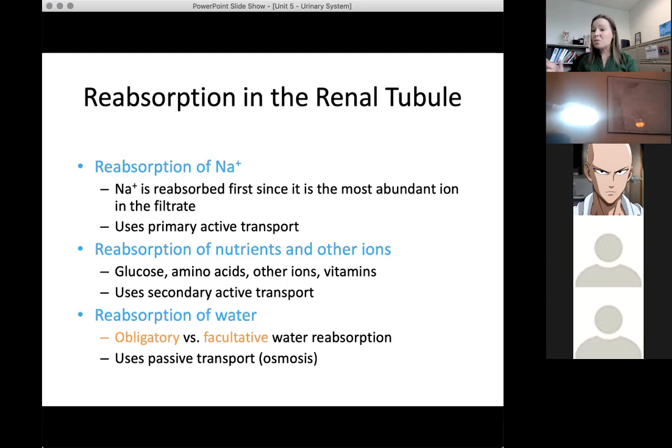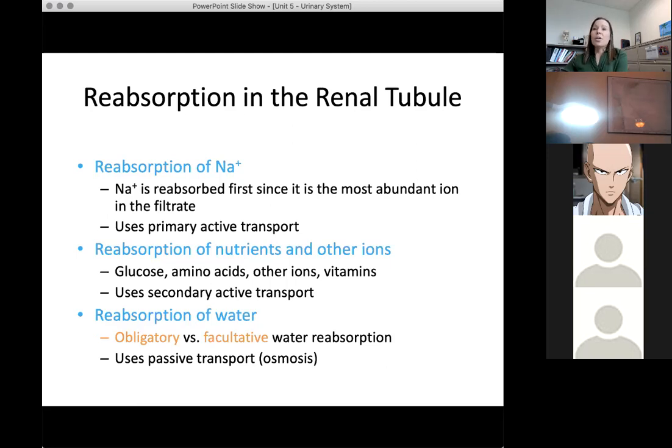Okay, so this is just dependent upon the body's needs at the time. If you don't need more water to be reabsorbed, then those hormones just won't be secreted and this won't happen. All right, so it just depends on what the condition of the body is at that time, whether or not these hormones get secreted and whether or not there's any additional water reabsorption.